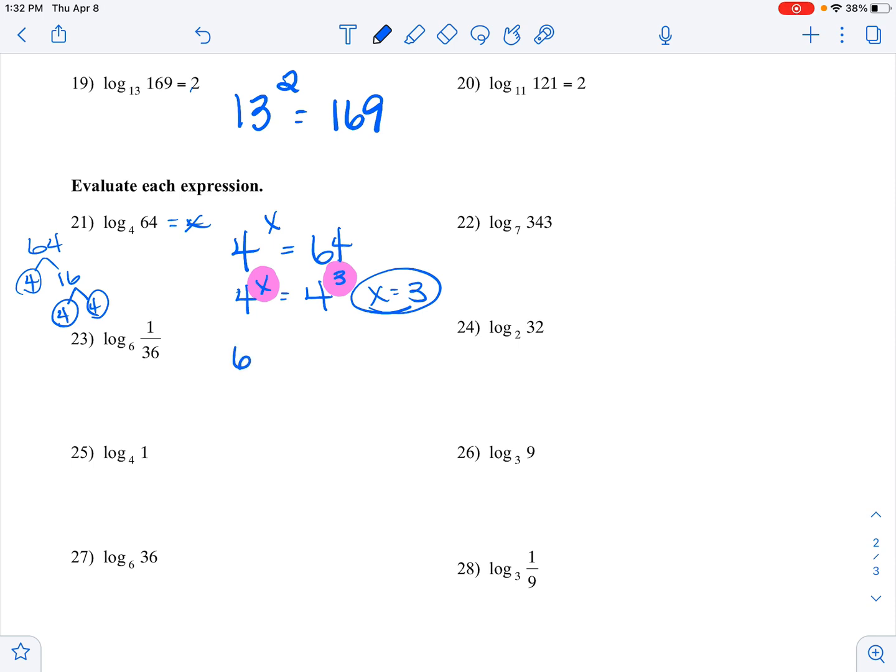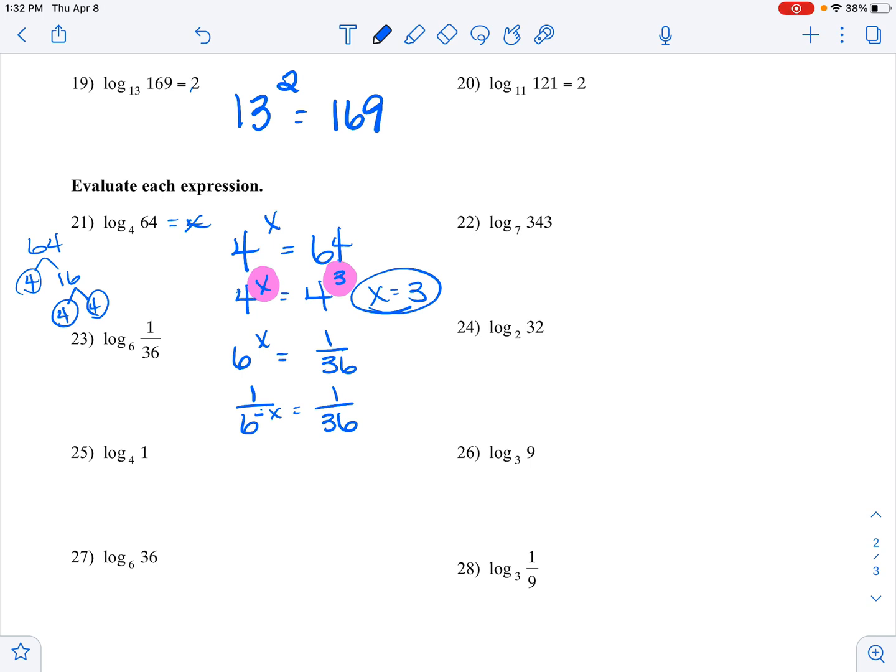So 6 to the x is going to be 1 over 36. The first thing I need to recognize is that this is going to be 1 over something, so I know that my x is going to be negative. So I'm going to make my x negative. That means 1 over 6 to the negative x is equal to 1 over 36. Now my bases are the same.